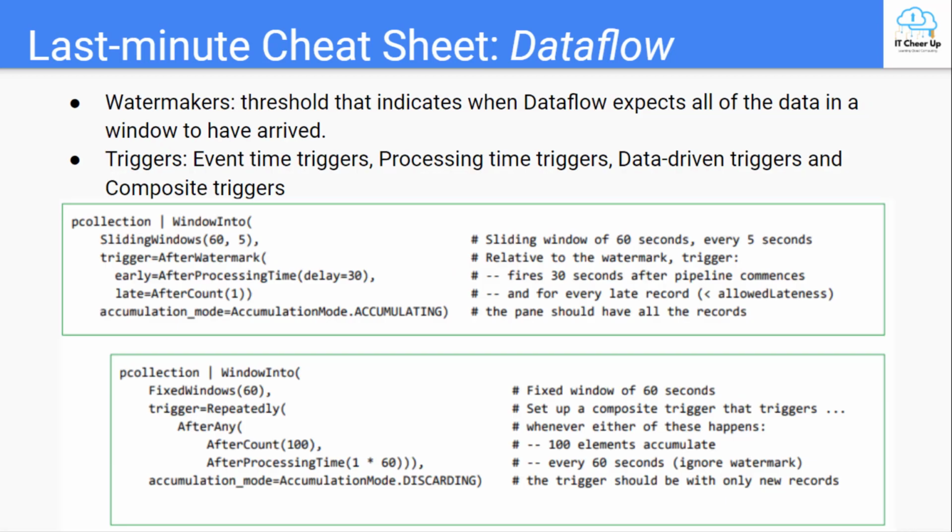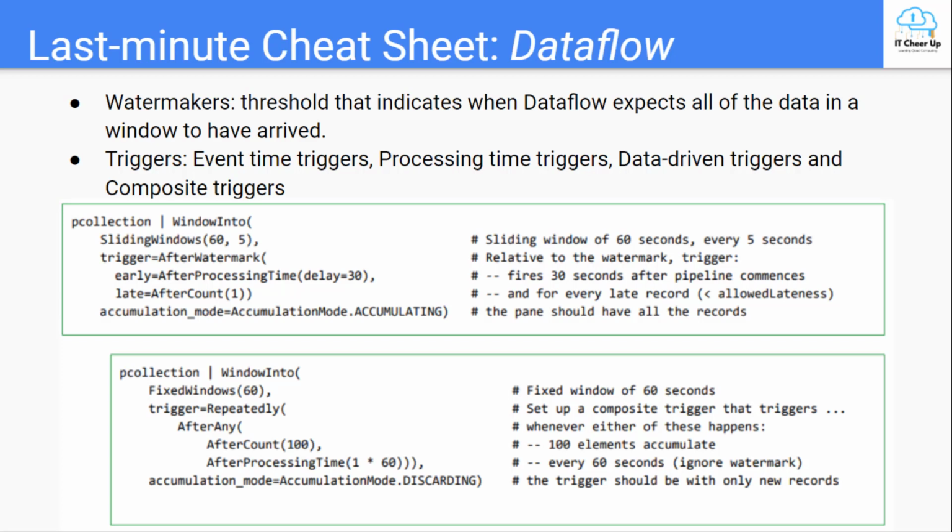Here is the situation. In any data processing system, there is a certain amount of lag between the time a data event occurs and the time the actual data element gets processed at any stage in your pipeline. So Beam tracks a watermark. The watermark is a threshold that indicates when Dataflow expects all of the data in a window to have arrived.